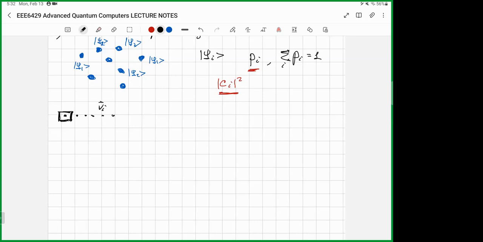Since this is a thermal process, this element has some temperature T, or energy k_B times the temperature.